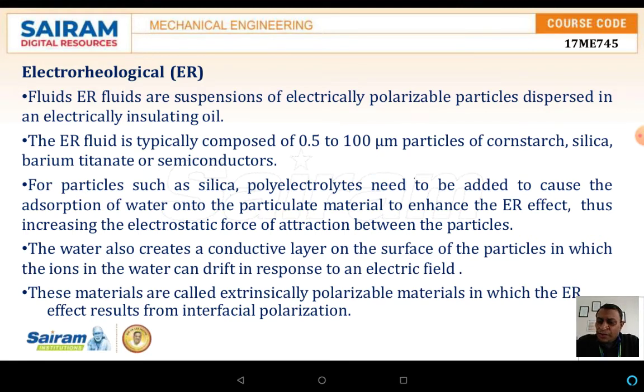So for particles such as silica, polyelectrolytes need to be added to cause an absorption of water onto the particulate material to enhance the ER effect, thus increasing the electrostatic force of attraction between the particles.